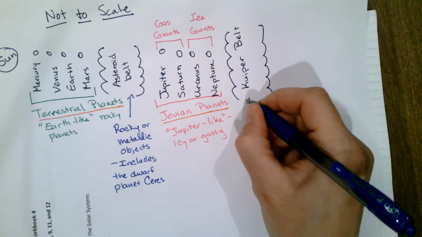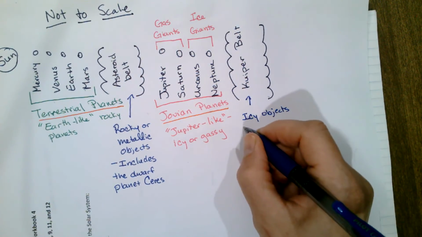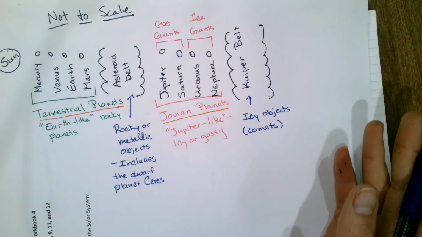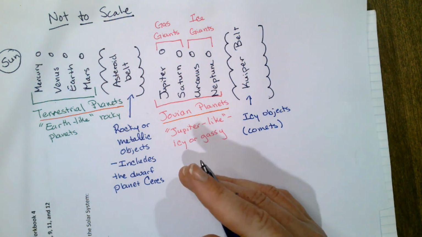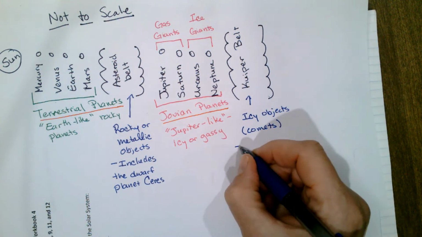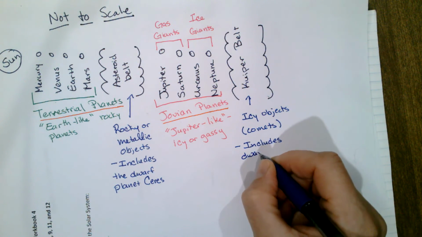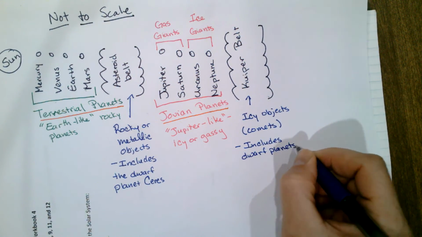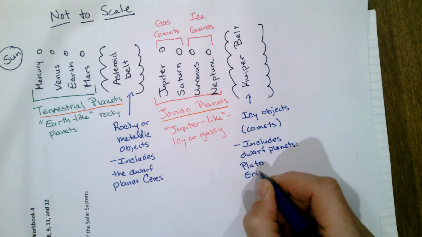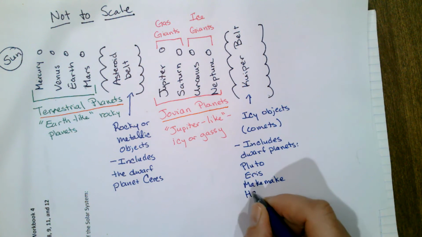These contain icy objects like comets that are made of frozen ice, or in some cases gases, or what would be gases on Earth but have frozen. For example, frozen carbon dioxide, frozen methane. And it includes several dwarf planets, such as Pluto, Eris, Makemake, and Haumea.